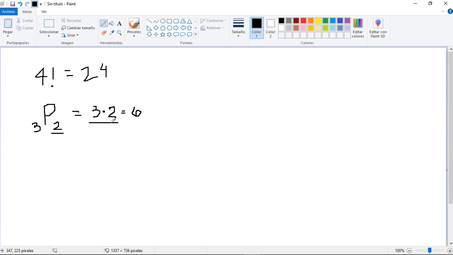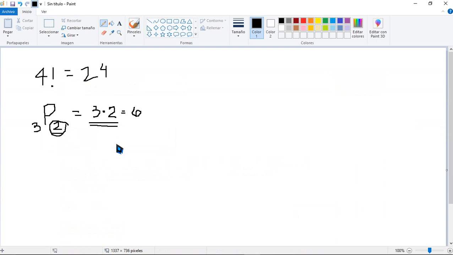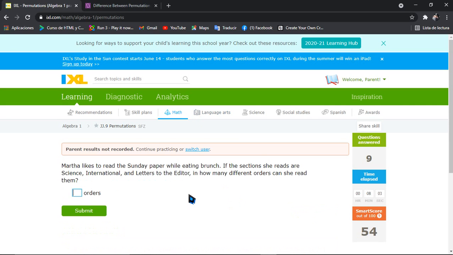We're only going to use 2 numbers because it says 2 here. Oh, sorry, why did I click 2? I said that it was 6. I'm sorry about that, guys. Doesn't matter. Let me see this one. There is 1, 2, 3.